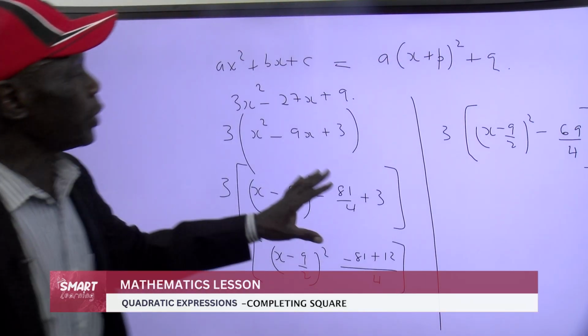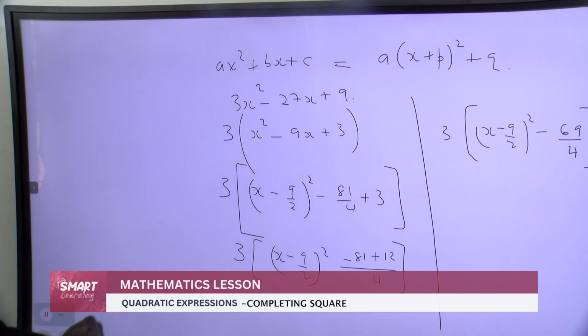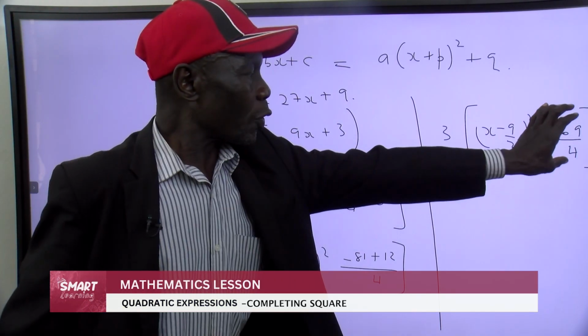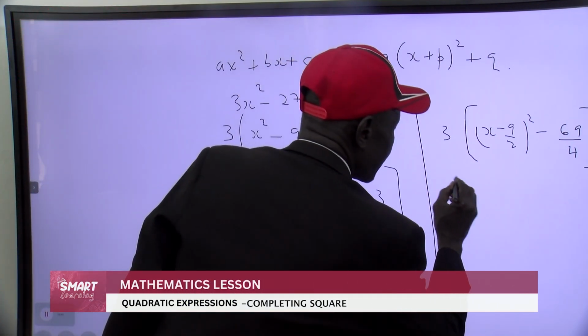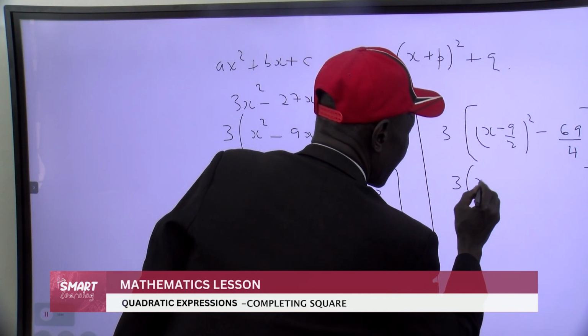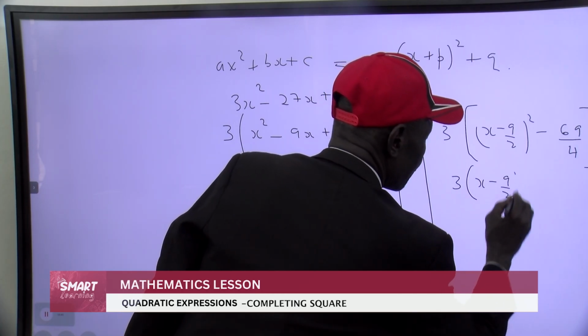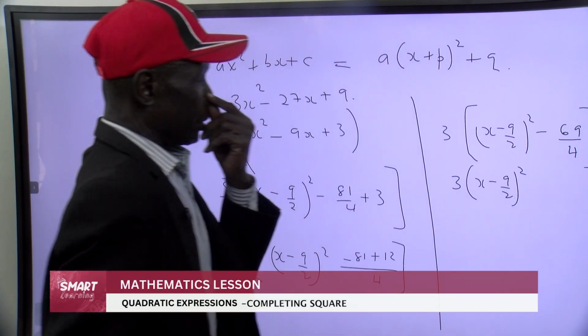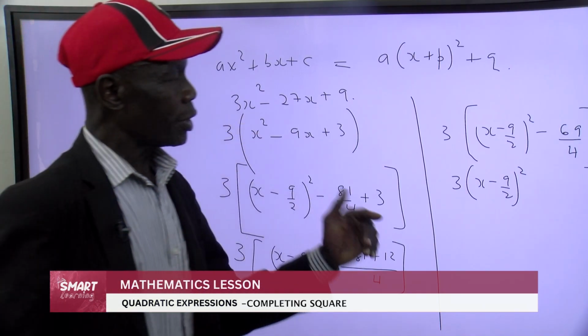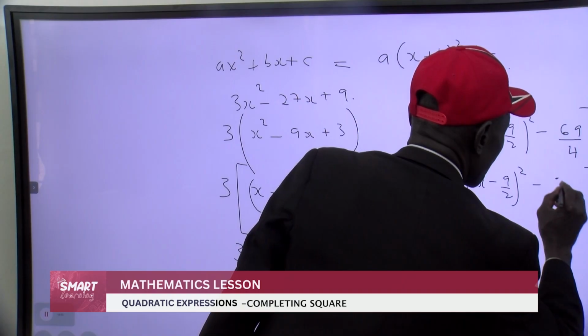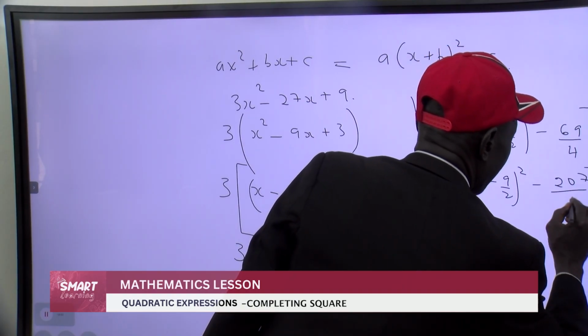Now, since our q is outside the bracket, we are going to multiply this constant factor by 3. So I'm going to have 3 in brackets x minus 9 over 2 squared. Now, 69 multiplied by 3 will be minus 207 over 4.